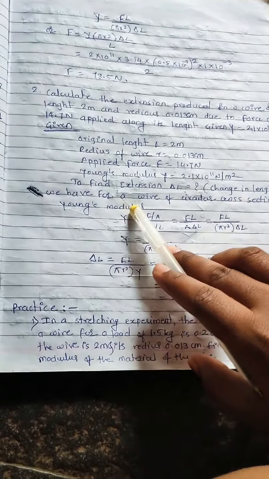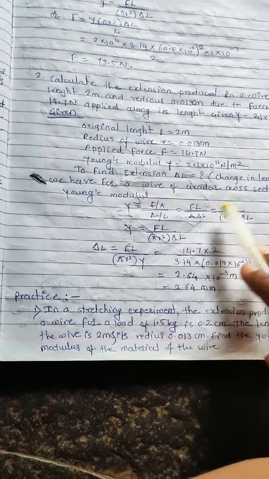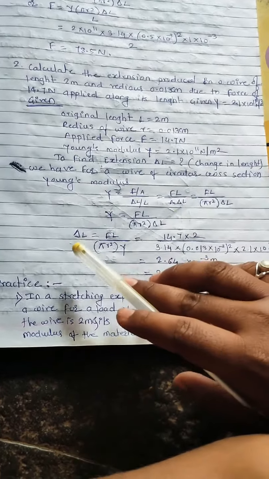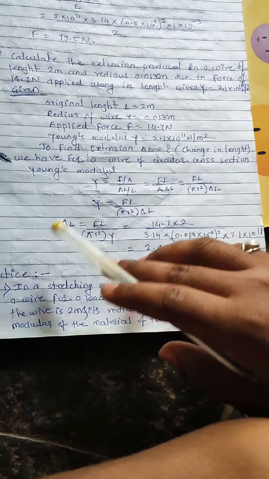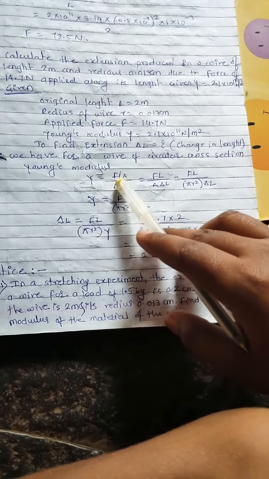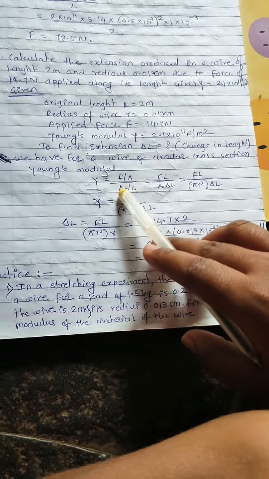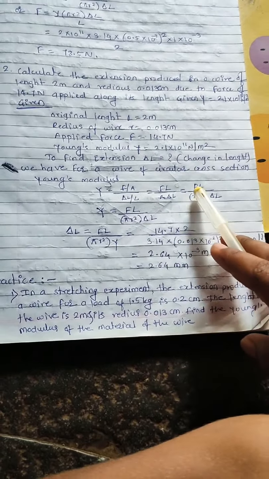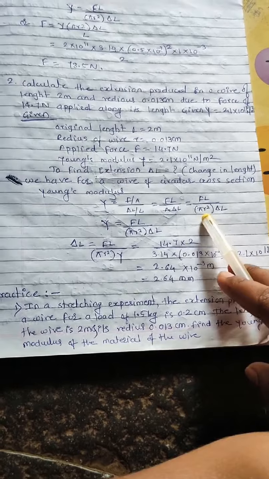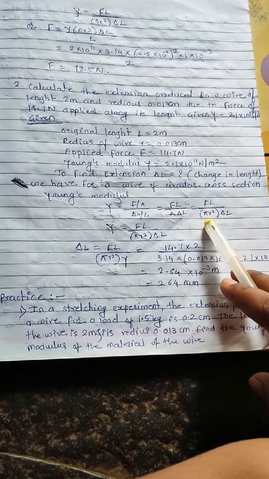Here we consider the wire having an area of cross section, as we already discussed in the first problem. Y is equal to F by A divided by delta L by L. Then rearrange the terms. The area of cross section A is equal to pi r square.